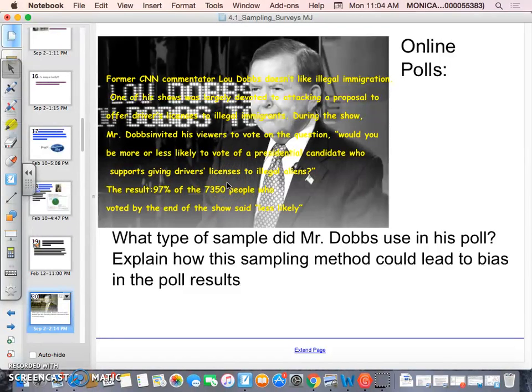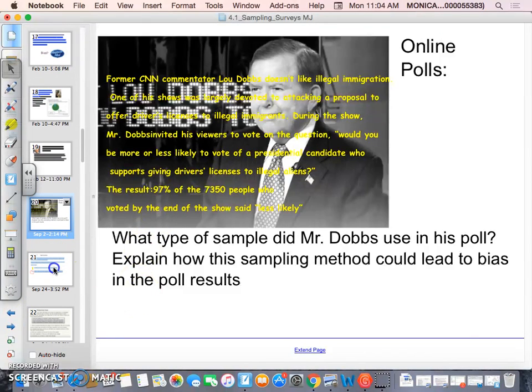The show was talking about how he was against allowing illegal immigrants to get driver's license. And so obviously most of the people are going to also vote with him. So 97% of these people probably agree with him, and therefore they voted that way.